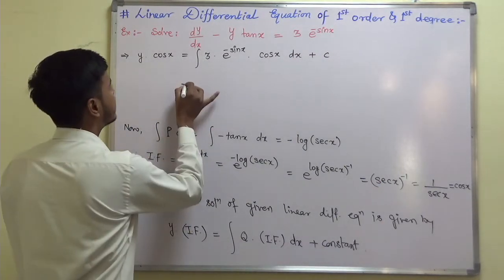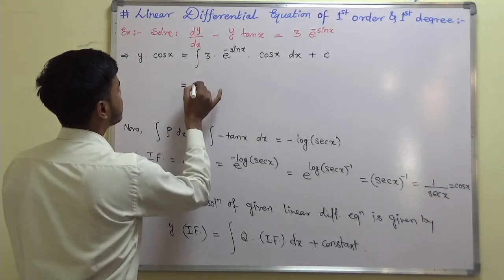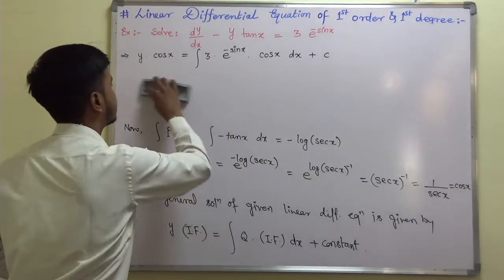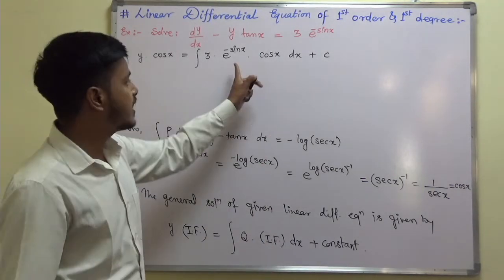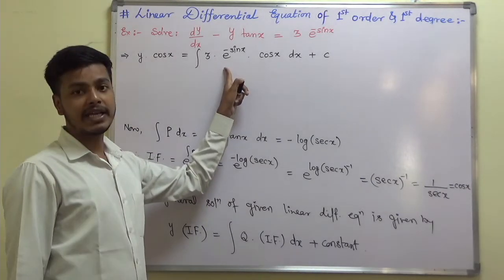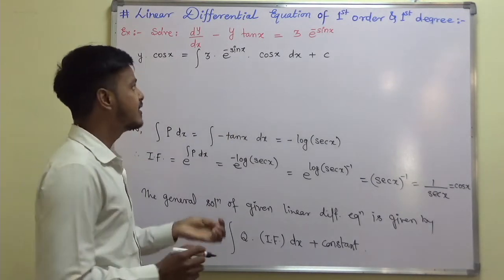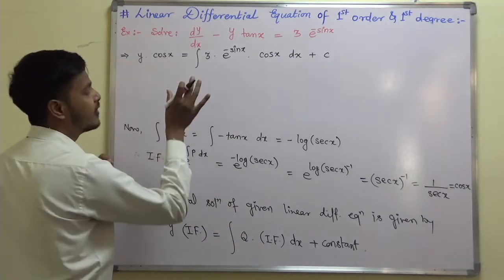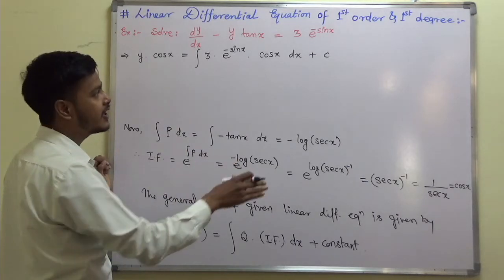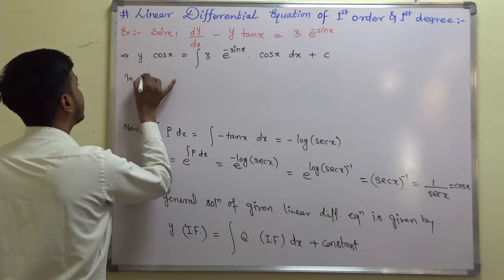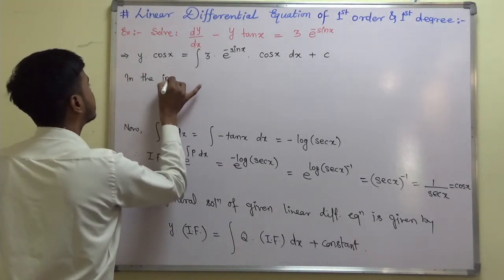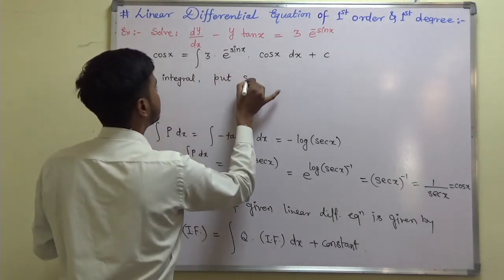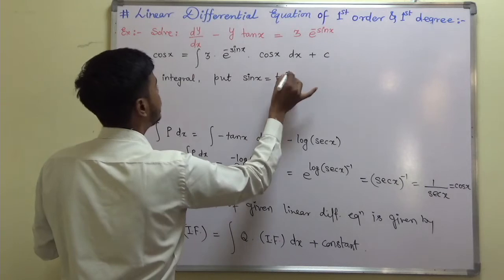Okay. Now I can take this 3 outside. This is the integration we have to solve, and this can be solved by using the method of substitution, right? So we use the method of substitution. In the integral, put sin x is equal to t.